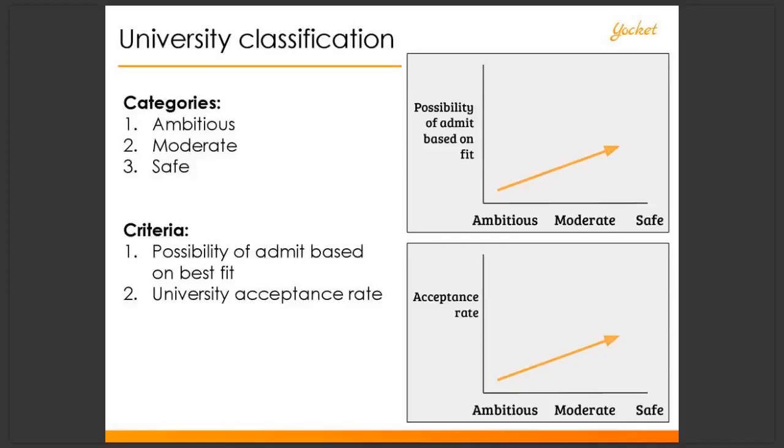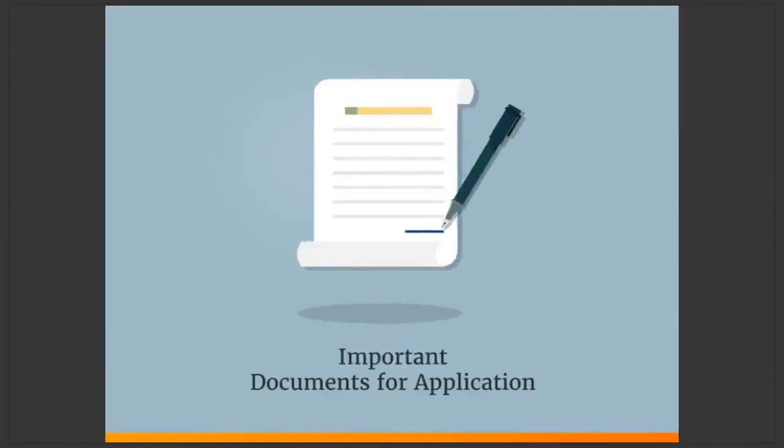Now nobody can say that it's 100% because ultimately it's up to the evaluator. So this is something you need to keep in mind when you are breaking down the universities into groups. And also somewhat it depends on the acceptance rates.